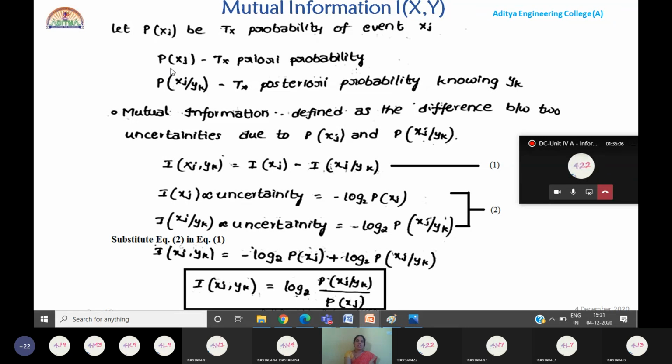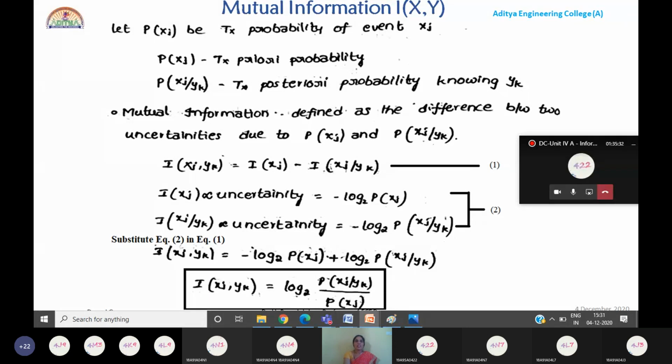In the similar fashion, if you are defining the receiver probability, it is p of yk. P of yk is the receiver priori probability and p of yk by xj is the receiver posteriori probability knowing xj information.